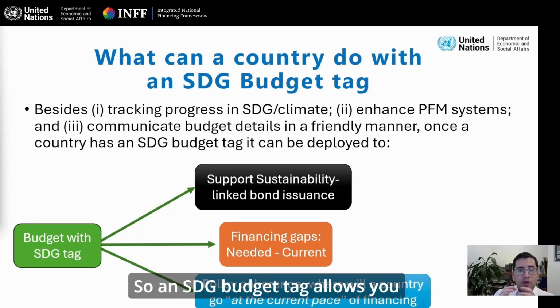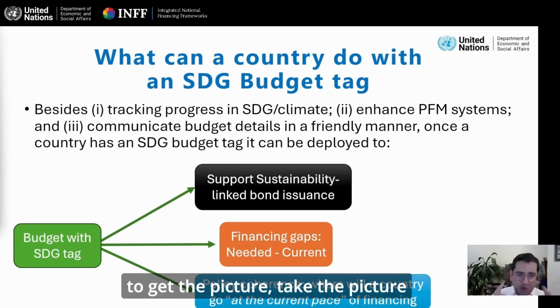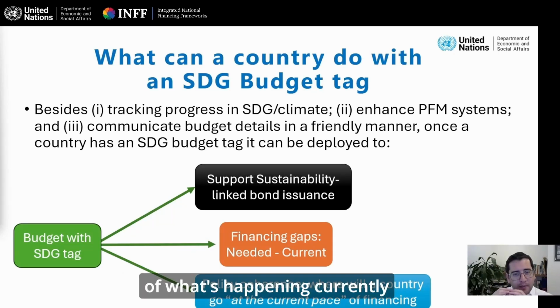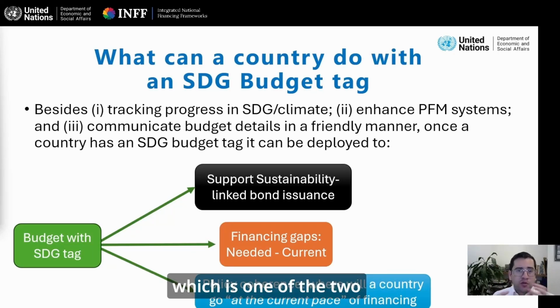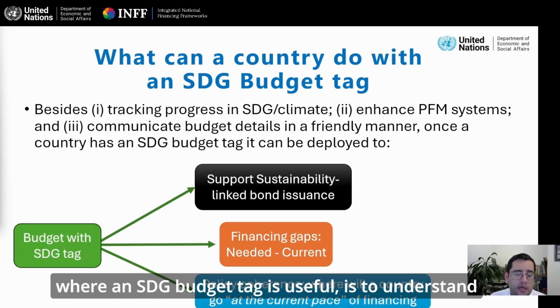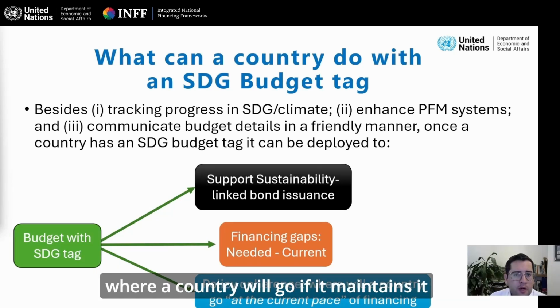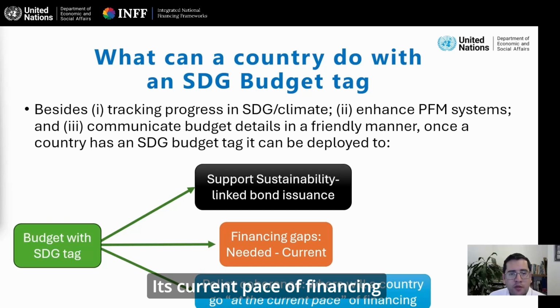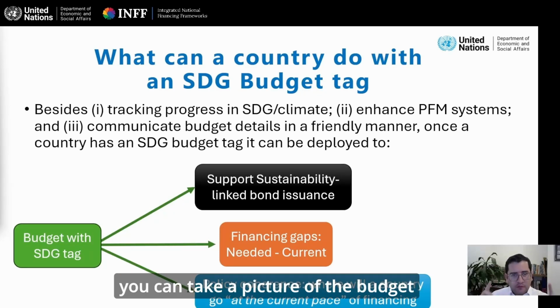So an SDG budget tag allows you to take a picture of what's happening currently, right? Which is one of the two components of that financing gap. And the third topic where an SDG budget tag is useful is to understand where a country will go if it maintains its current pace of financing for different topics. With an SDG budget tag, you can take a picture of the budget.